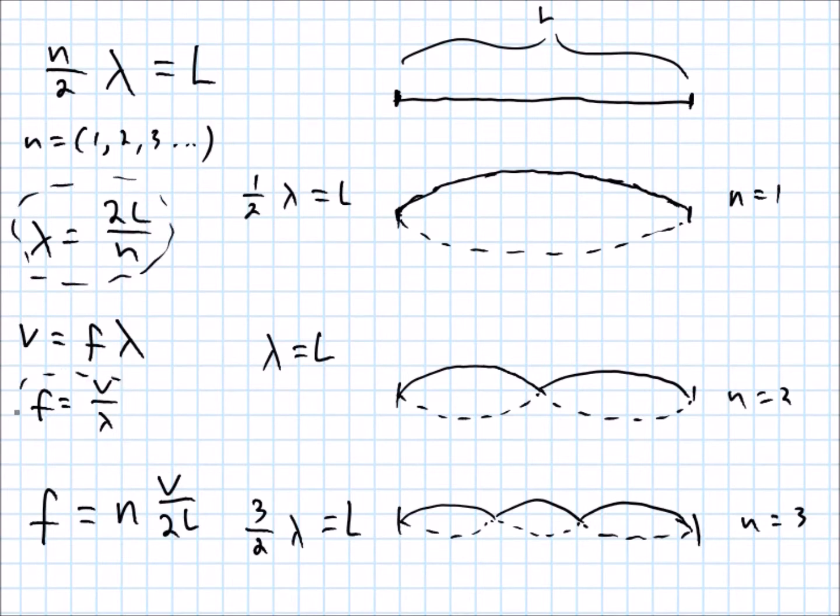To get this frequency of n, we'll say, is equal to whichever n you pick, some whole number, whatever number you want there, times the velocity of the wave divided by 2 times this length. Okay, so there we have it.